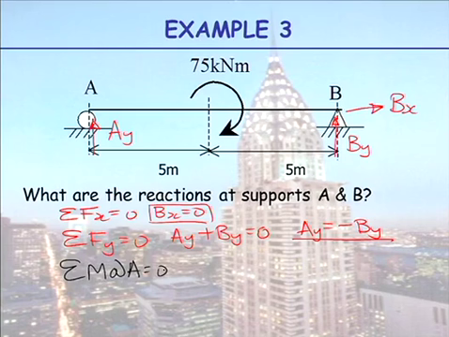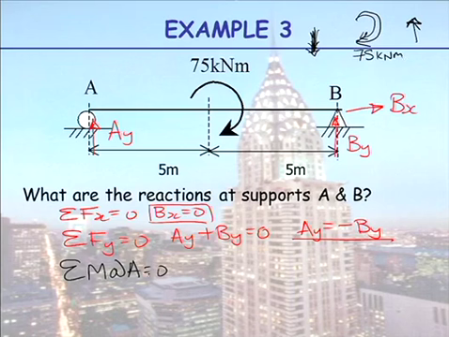So in this system here, I'm basically asking you the same question I asked you earlier. You know how I said, is it in equilibrium? Now I will say to you, it is in equilibrium. I don't know why I can't write neatly on that top right corner. So to make this system of forces in equilibrium, if that's a moment 75 kilonewton metre, what are the two reactions equal to?